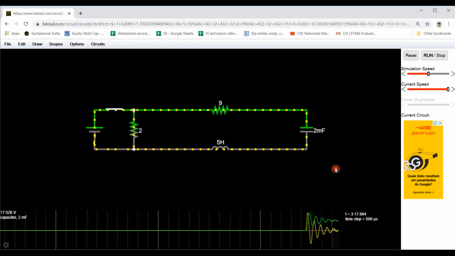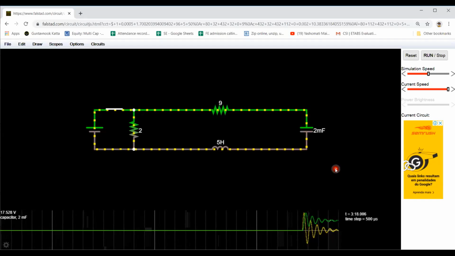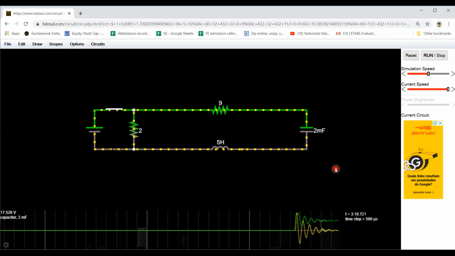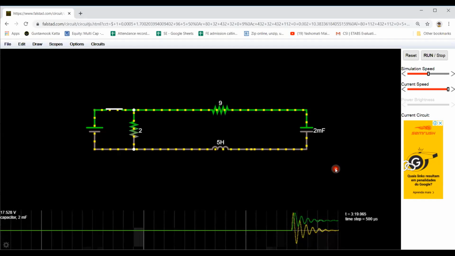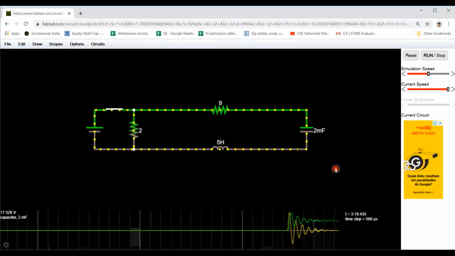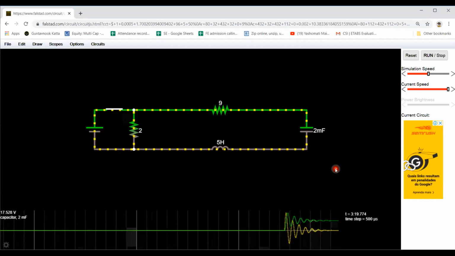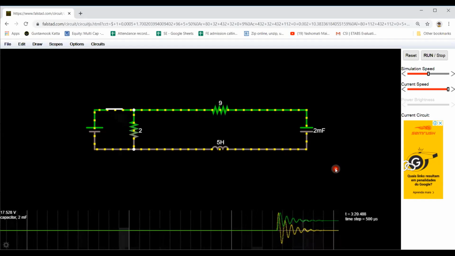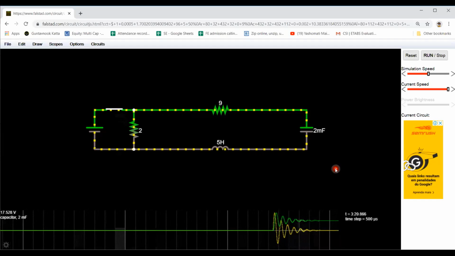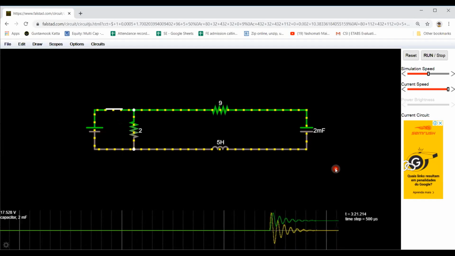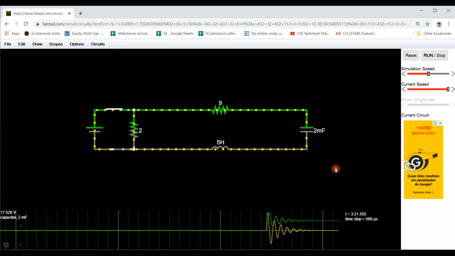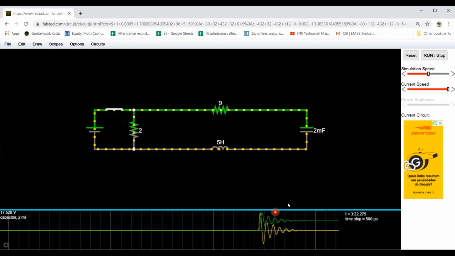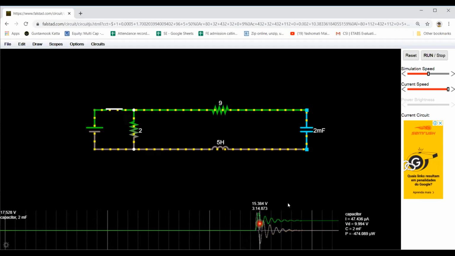Initially, both the current and the capacitor voltage were 0, but as soon as we press the switch, current will flow and it will be oscillating in nature, as the values of R, L and C are set such that (R/2L) whole squared is far less than 1/LC. That means the system will behave as an oscillatory, or underdamped, system.